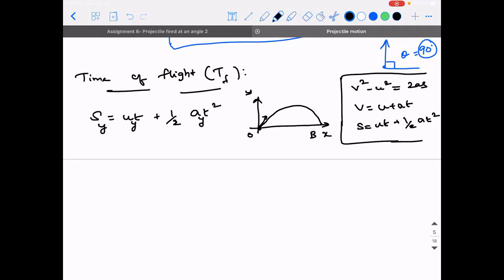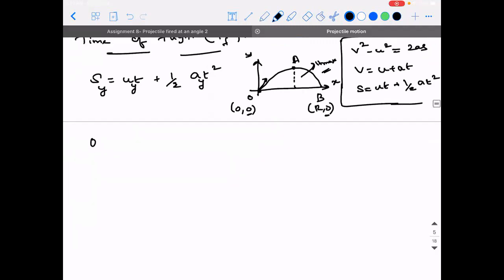No. Between points O and B, what is the displacement of the particle in the y direction? It is 0. Because the coordinates of this point are 0, 0 and the coordinates of this point are R, 0. Look at the y coordinate. Is there any change in the y coordinates? Right. Had I put the question as what is the displacement of the particle between O to A along y direction, then what you said is right. Then it is H max.